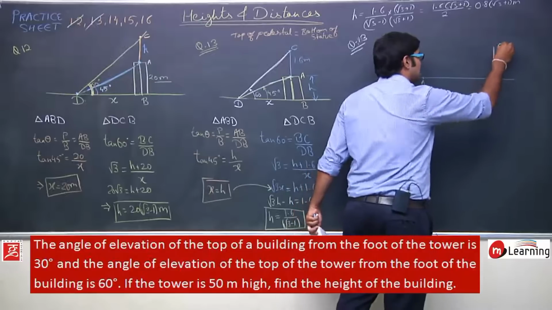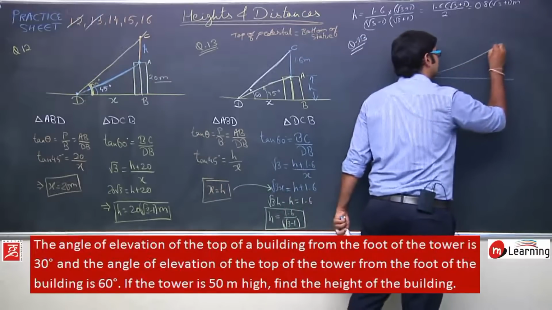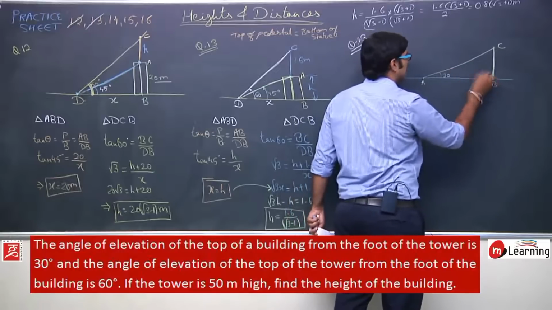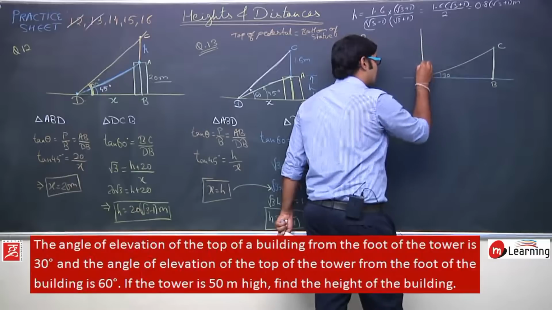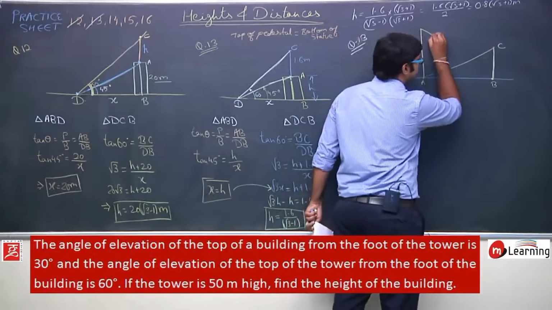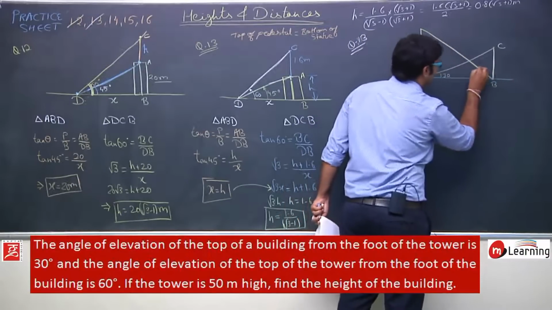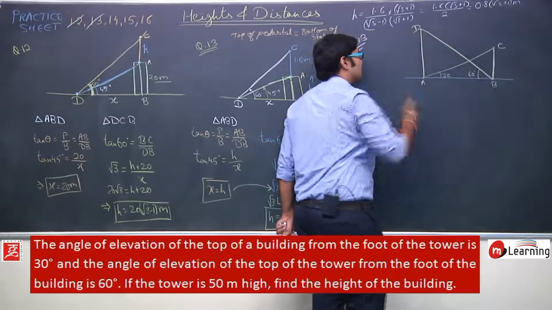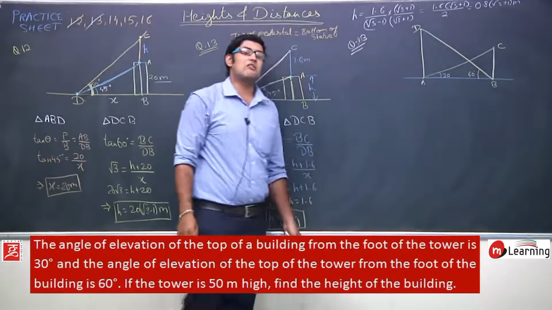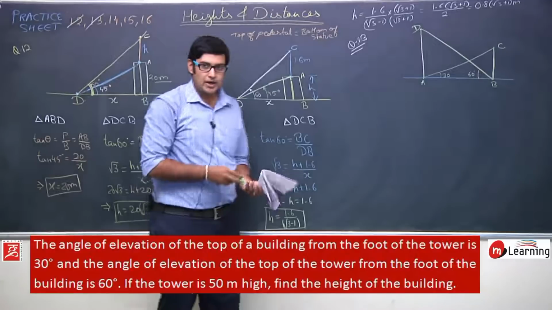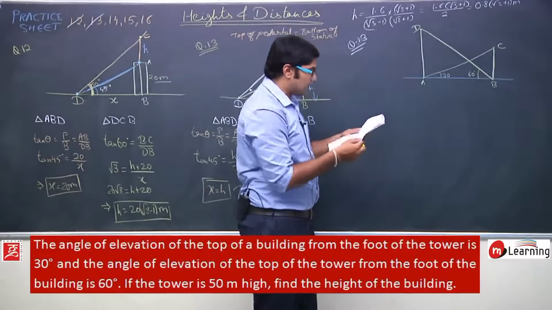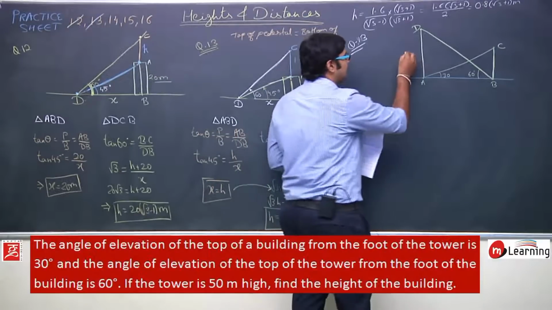This is point C. This angle is given as 30 degrees, and if I am observing the top of the tower, the angle is given as 60 degrees. Let us say this is D. So AD is the tower and BC is the building, and it is also given that the height of the tower is 50 meters.